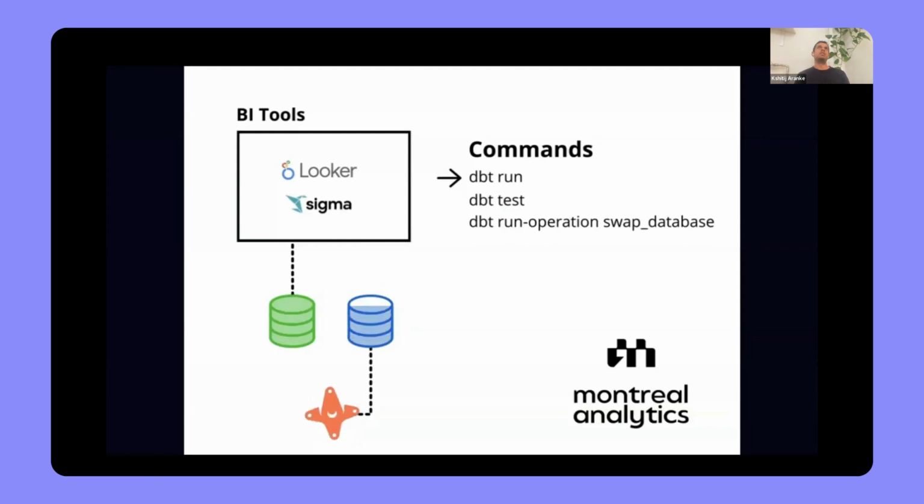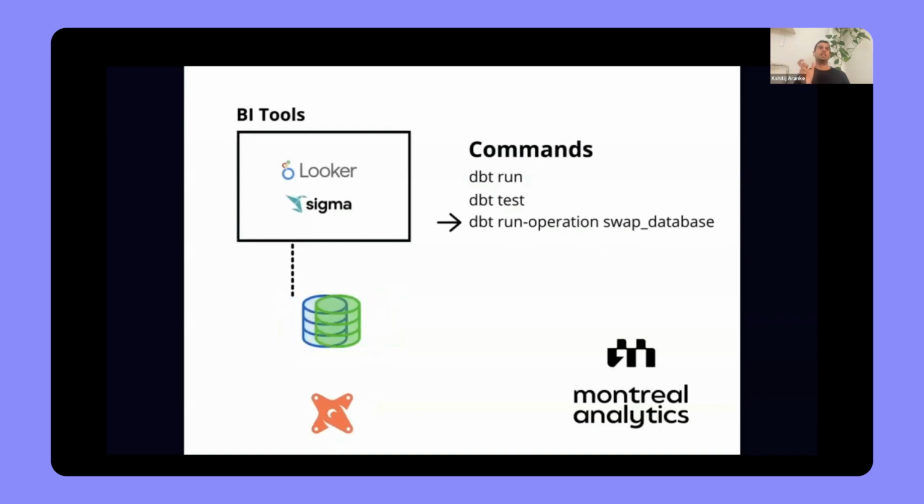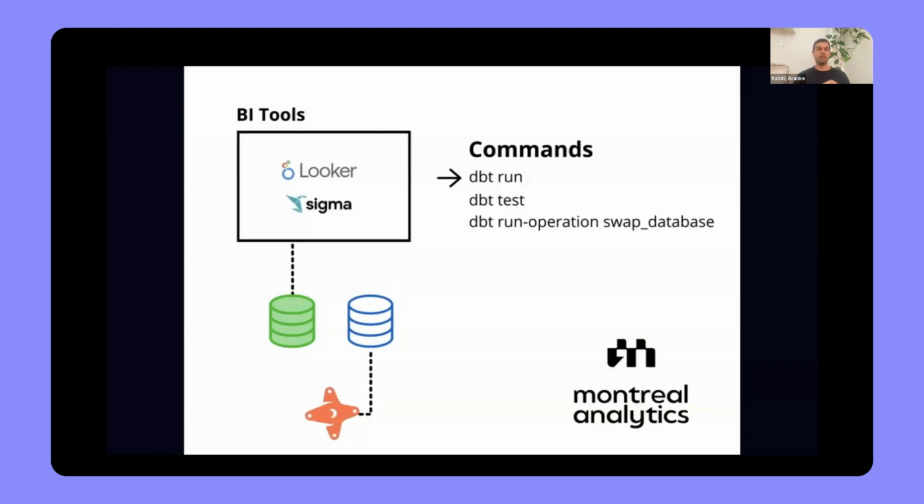So clone is what you use when you want a full copy of an environment in a different environment, whereas with slim CI you use it when you want to rebuild only part of the environment in a certain environment and say use prod, or whatever environment you want to defer to, for the rest. Here it's like, no, I want everything.